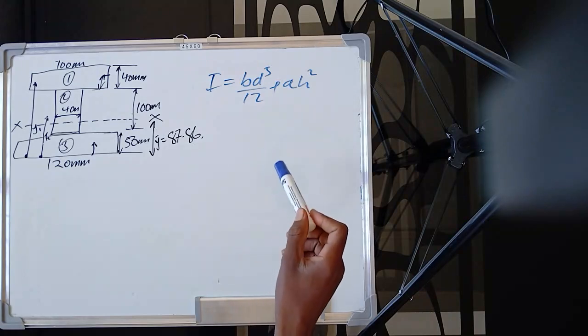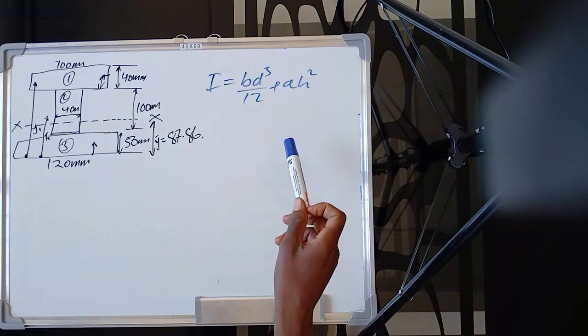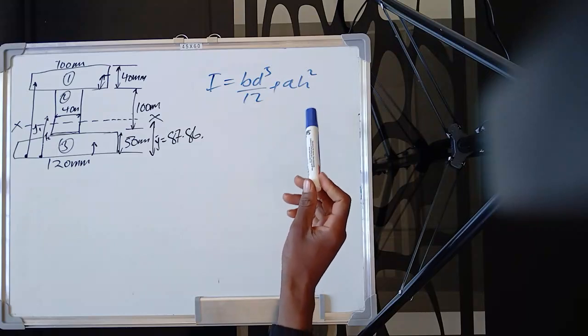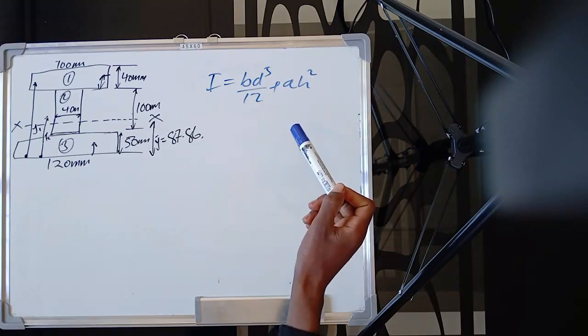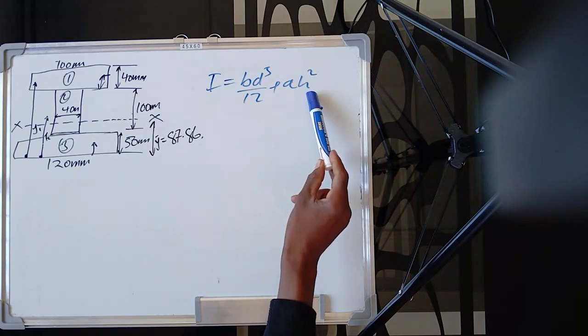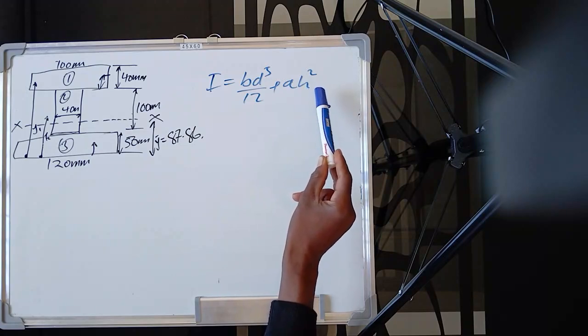You can refer that to the area tutorial, to the area lesson that we had. H is a distance from the neutral axis to the center of the given part.